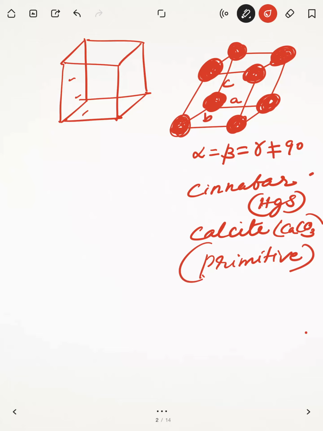Now the next crystal system, the sixth crystal system, is monoclinic. Monoclinic means the sixth shape. Examples are monoclinic sulfur and Na2SO4.10H2O. For that I am drawing the matchbox, and we will be pressing the matchbox from one side.